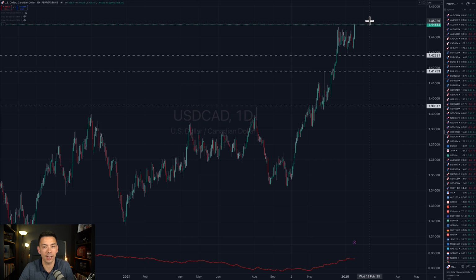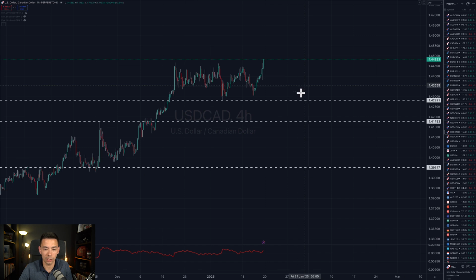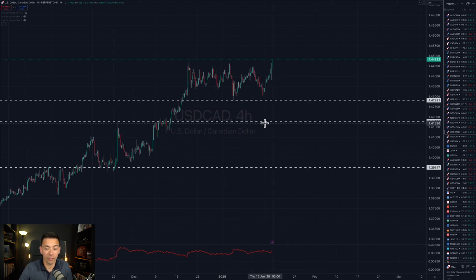So I'm looking for areas where I can become a buyer from. And I'm thinking that initially, we look at this on the 4-hour chart. If the market gets back to the 1.4279, that's provided support not once, but twice already this month. If it gets beyond that level, then the next level I'm looking to become a buyer from is the 1.4178, which is this previous area of resistance, which becomes support.